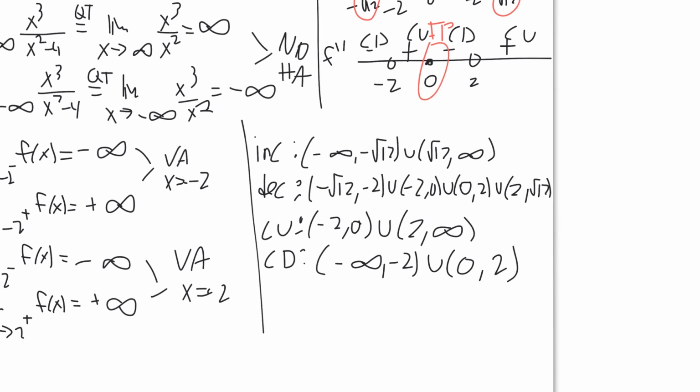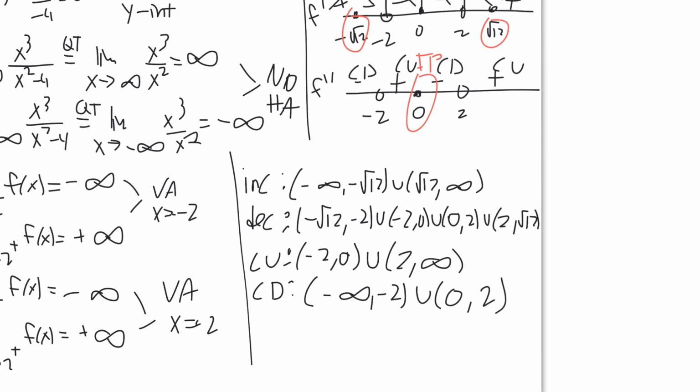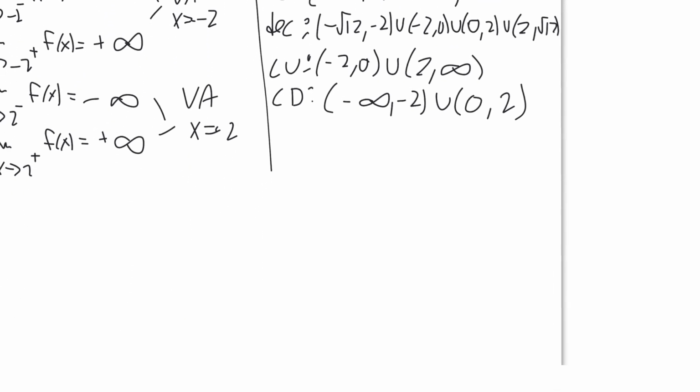All right, let's find those important points. So we circled them in red there. We've got negative root 12 and root 12 and 0. We should plug all those in to see what we get in the actual function. Make a little space over here. We'll find f of root 12.